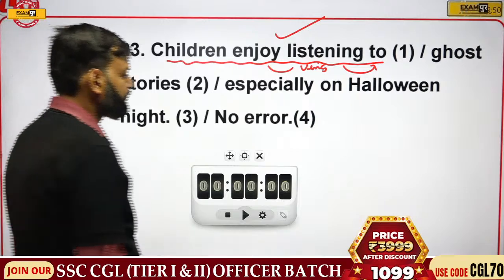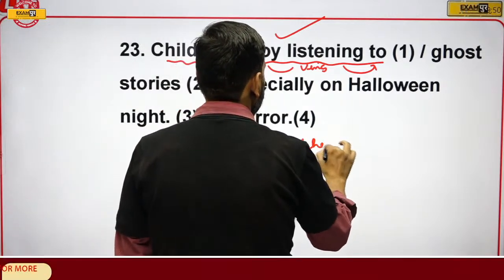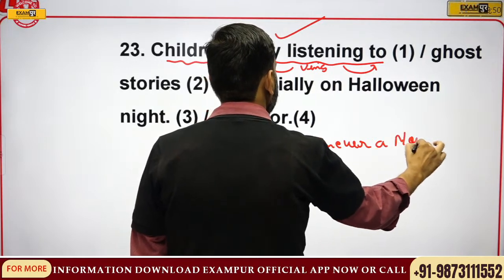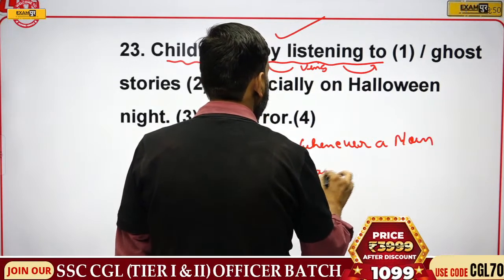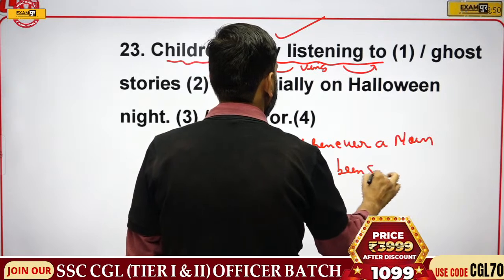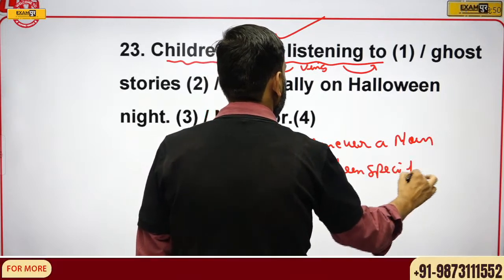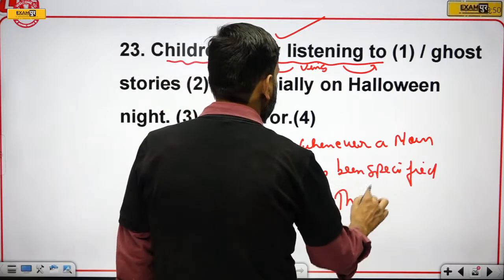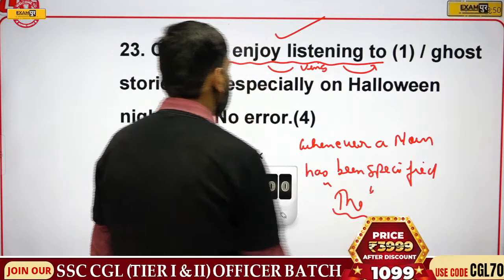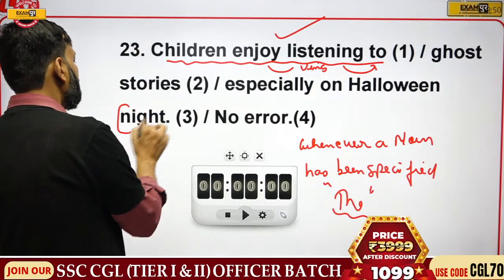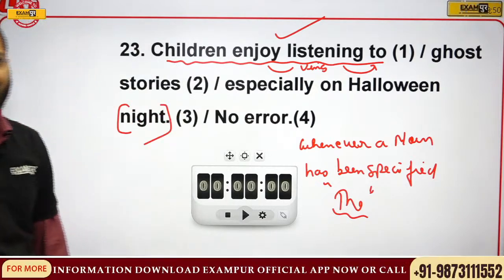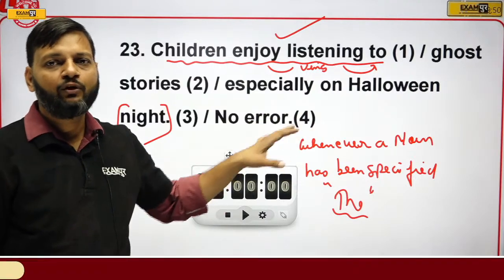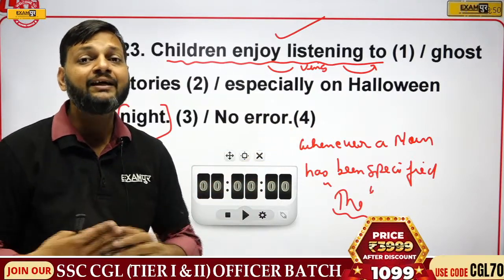Now, whenever a noun has been specified, it should be used with the word the. So here the word night has been specified by the word Halloween, because here we are not talking about any random night.